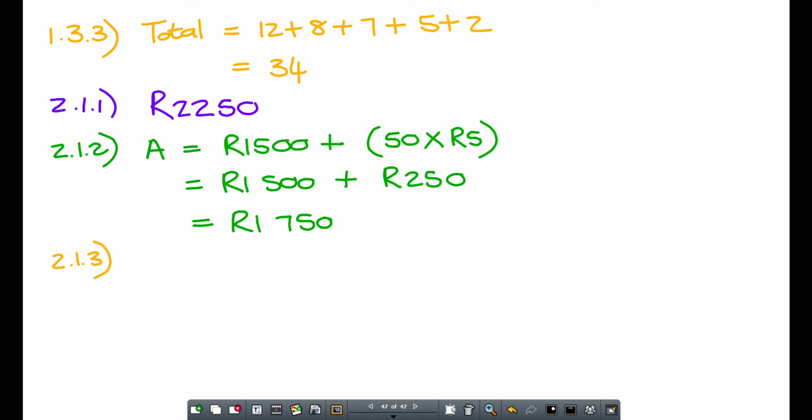Goed. 2.1.3. Show by means of calculations that the value of B is 3,750. Nou onthou, jy kan nie direk gaan na die antwoord, jy moet eindig met daai antwoord van 3,750, nee. Okay, so ons gaan basies doen wat ons nou hier by 2.1.2 ook gedoen het. Ek gaan sê, B will be equal to, 1000, oh nee, excuse, dit is my inkomste.